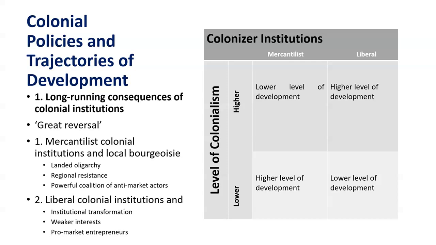They don't have any kind of regional blocs to push back against centralization of power. They don't have slavery or a slave-based agricultural sector. So that's why they managed to rework the existing institutions established by the colonizer in order to make investment decisions and to develop competitive advantage in the global market.